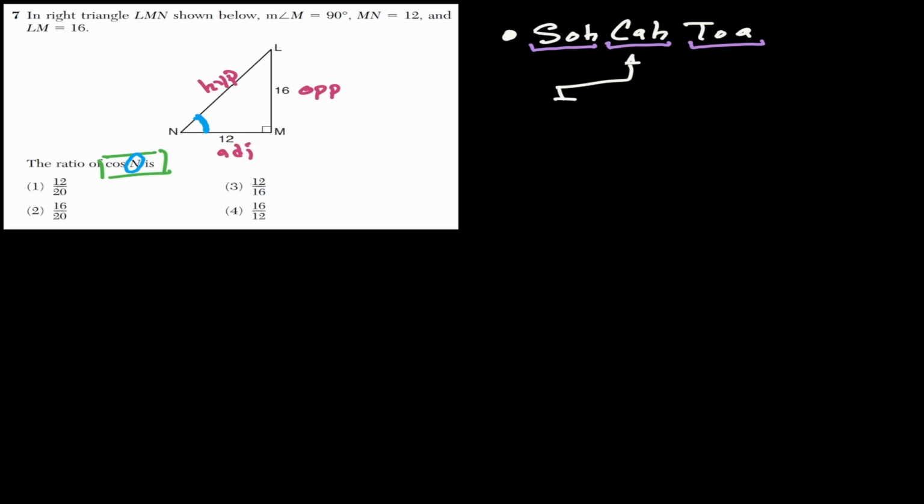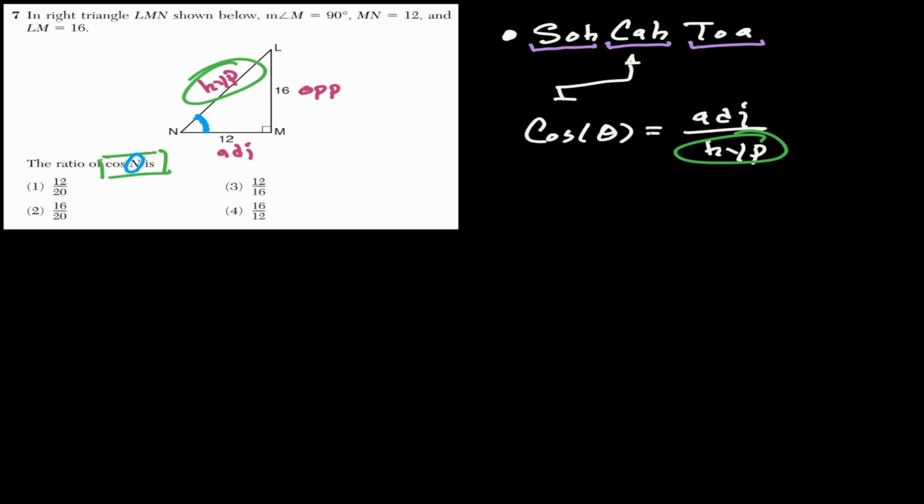This is going to help you remember that the cosine of any angle is A over H, adjacent over hypotenuse. Well, let's see if we have that information. The adjacent has a length of 12. But notice that we do not know the length of the hypotenuse.